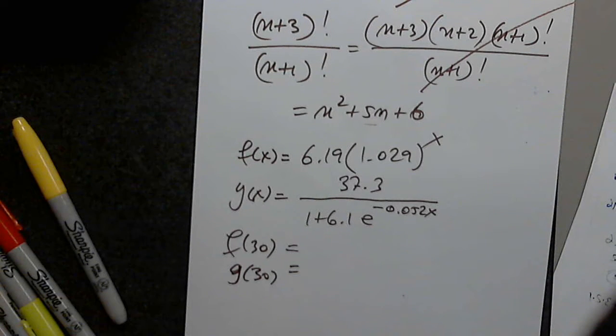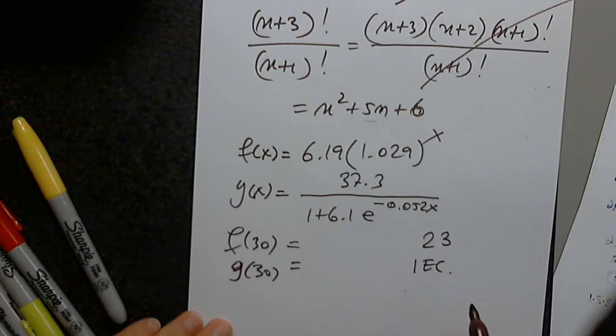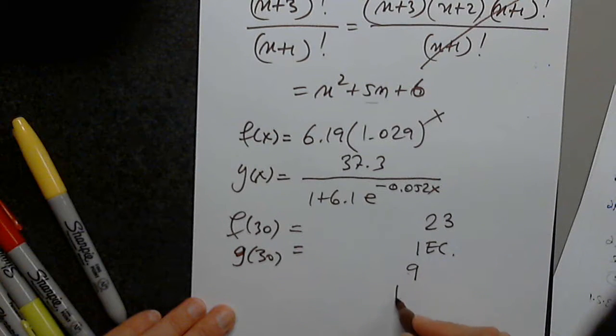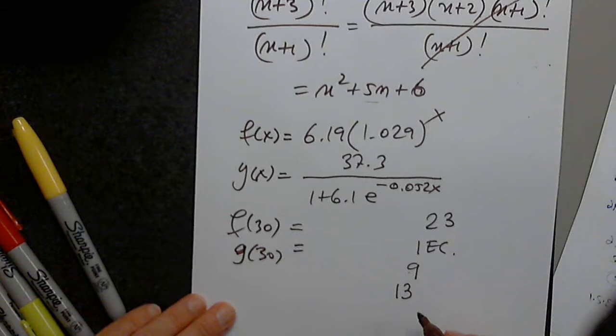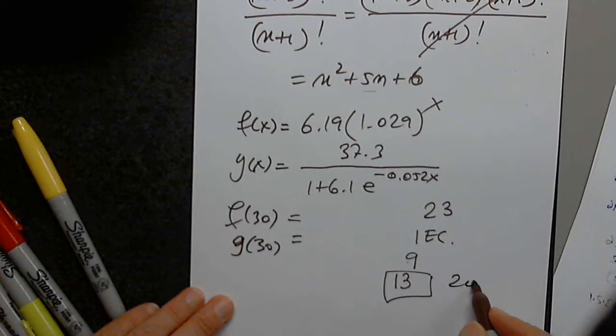Remember when we started the test, I said out of 23 problems, 1 is the extra credit, 9 require work, and 13 take less than half a minute. This one, maybe let's say 20 minutes.